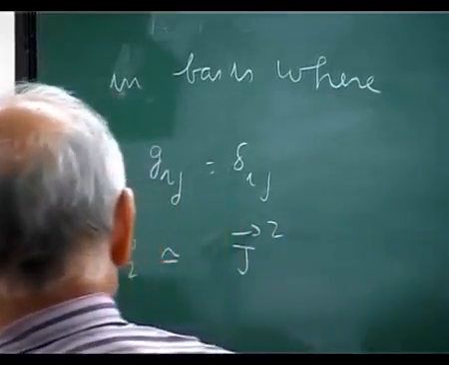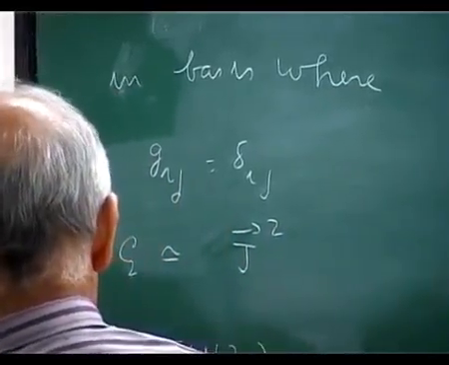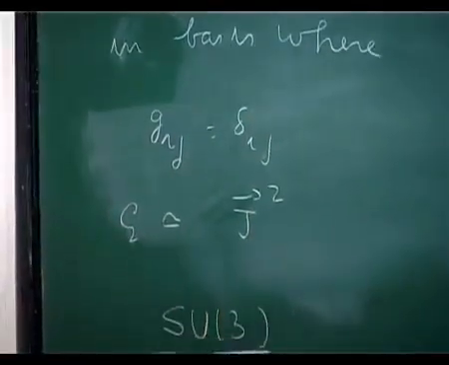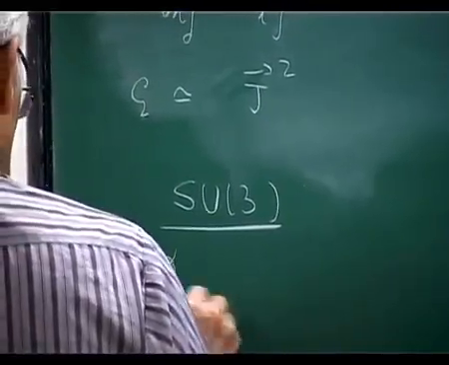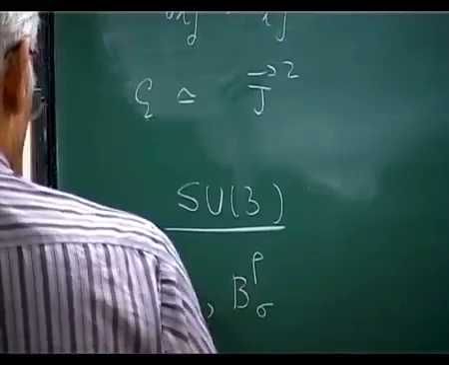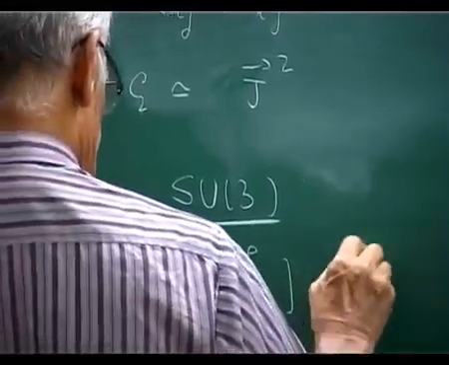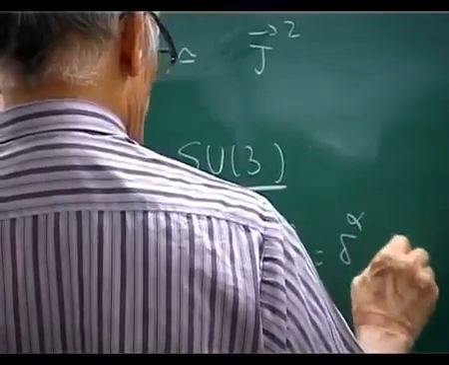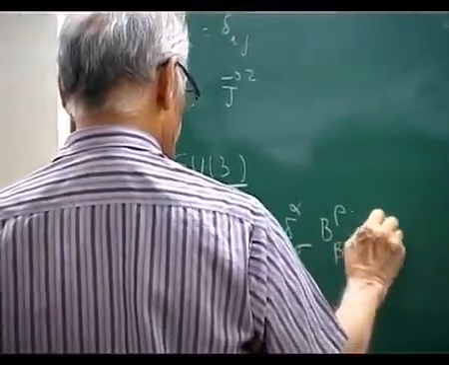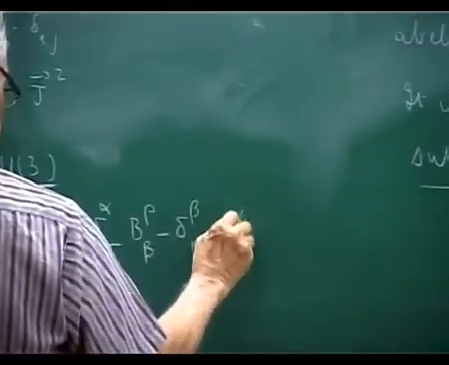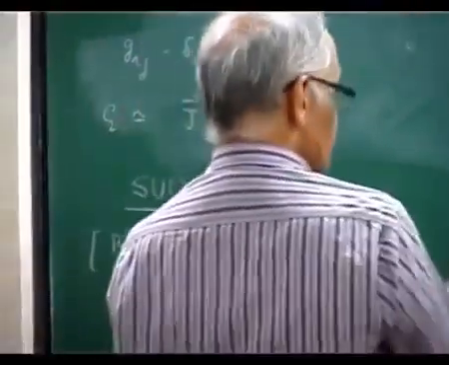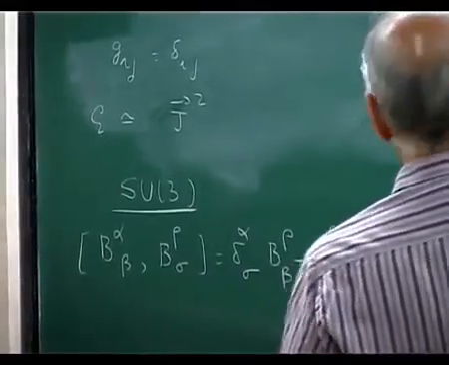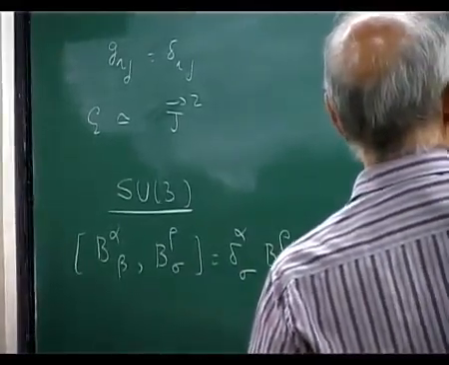If you take SU3, remember the basis B_alpha beta: the commutator of B_alpha beta with B_rho sigma, I wrote this, is delta_alpha sigma B_rho beta minus delta_beta rho B_alpha sigma. These are the commutation relations, where the B's are the tensor generators and B_lambda lambda was 0.